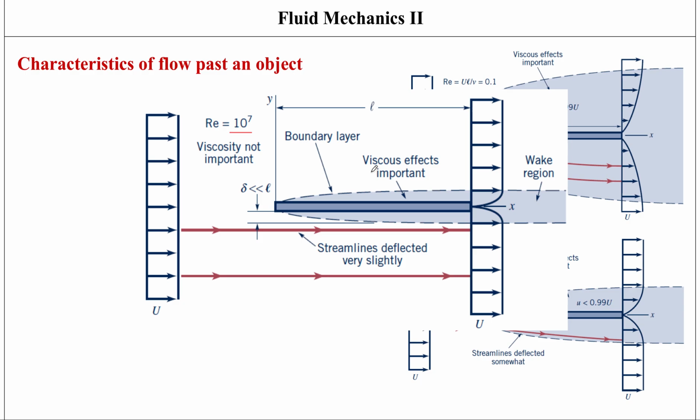And the boundary layer is a very, very important concept. It was proposed by Ludwig Prandtl, who is a big name in aerodynamics. He was a German physicist as well, and he conceived this idea of the boundary layer.